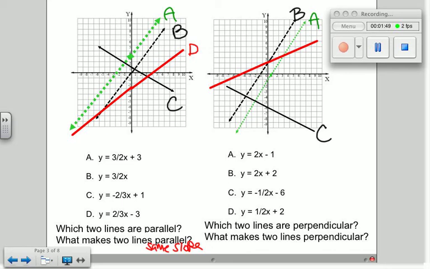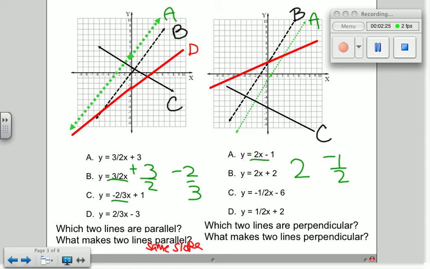Here we have 3 halves, and our slope for C looks like it's flipped from 3 halves to 2/3, and also opposite. One's positive and one's negative. So that's what we should notice about perpendicular slopes. Here we have 2 flipped. The reciprocal is 1/2. The first one's positive, the next one's negative.